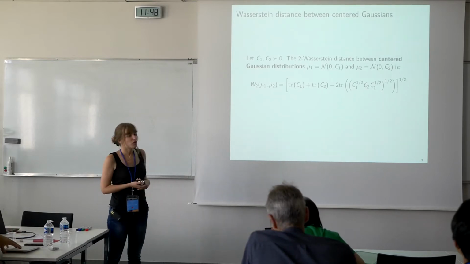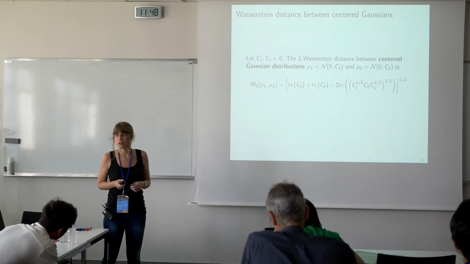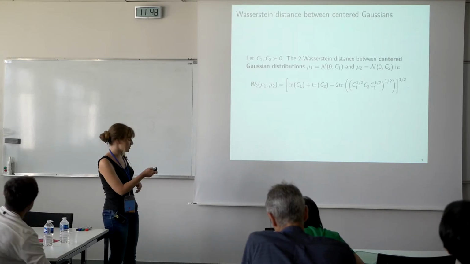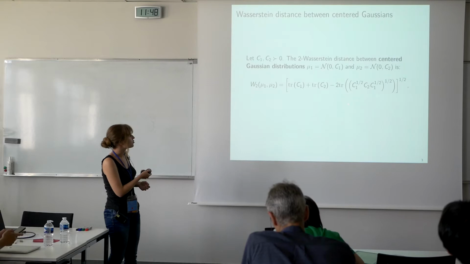Of course, you all know that the Wasserstein distance, when it is computed between Gaussian measures, had already been studied, and we have a nice expression for the distance between two centered Gaussian measures with given covariance matrices.